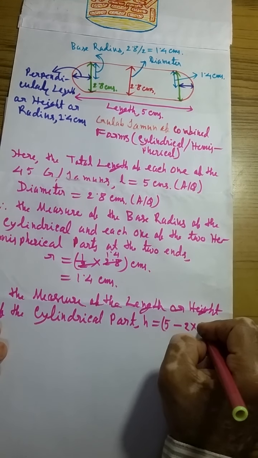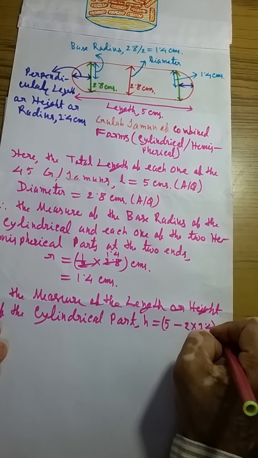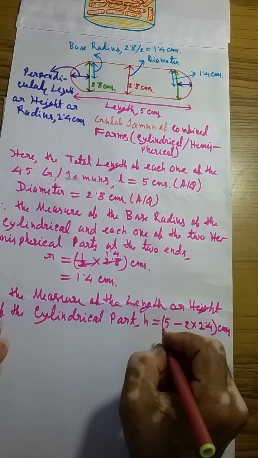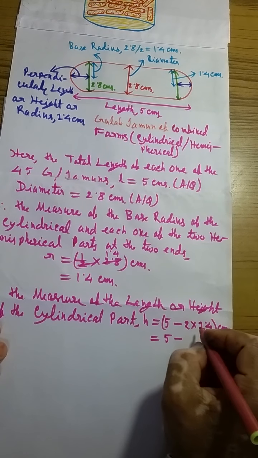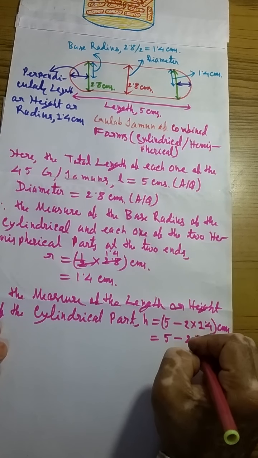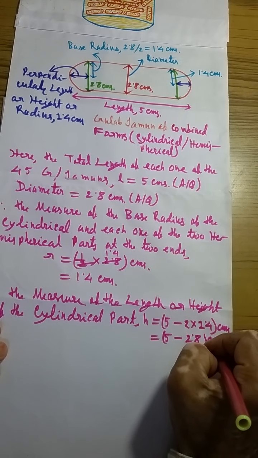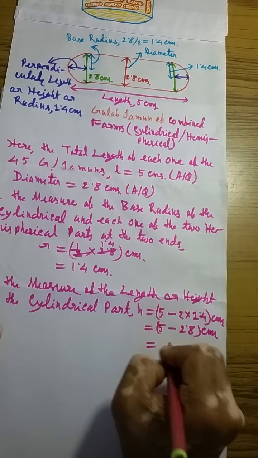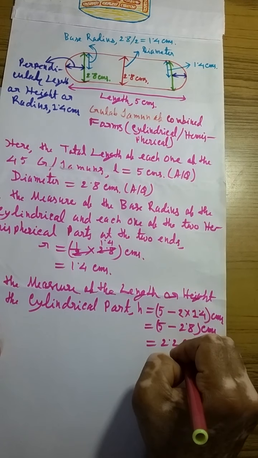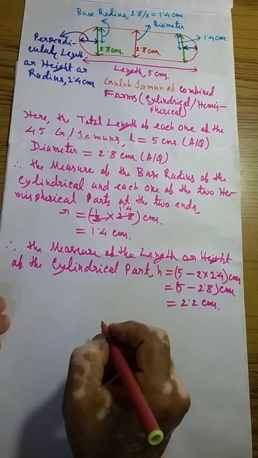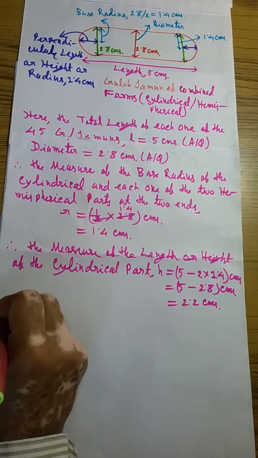So it will be 2 into 1.4 centimeters, which is 2.8 centimeters. If we deduct 2.8 from 5, we will get 2.2 centimeters. After this, let us proceed in this way.